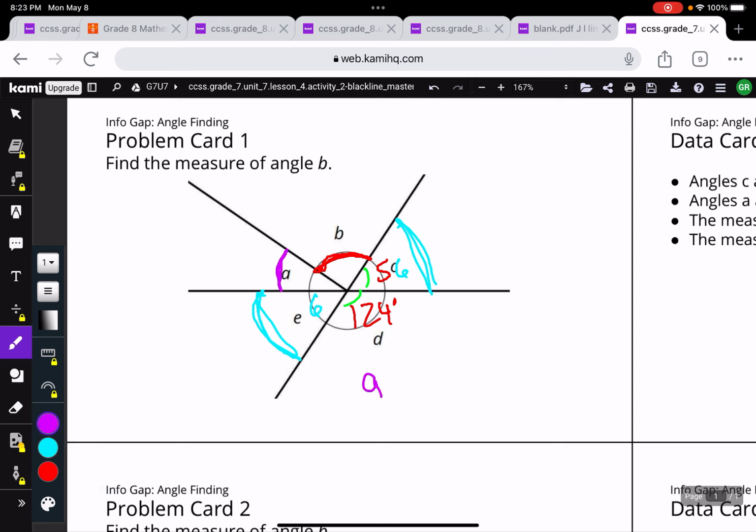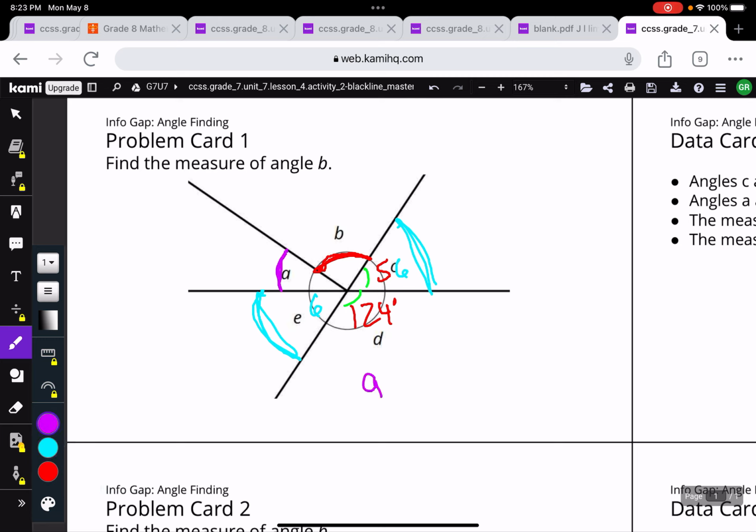Problem card dos. Find the measure of angle B. This is what we want right here, that blue one. Got a lot going on here.